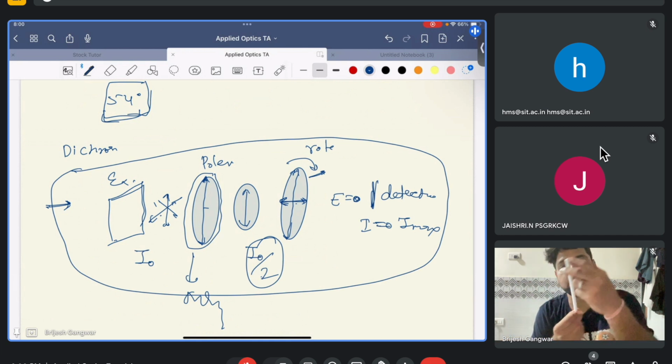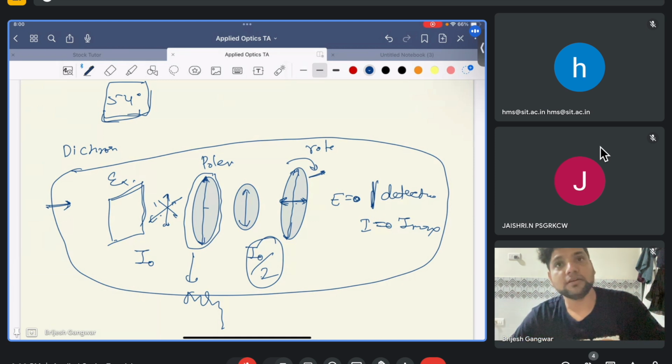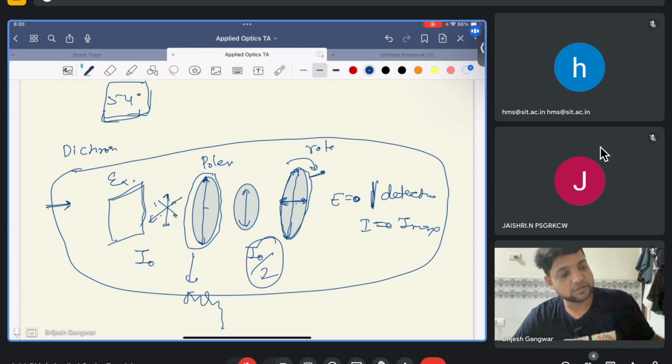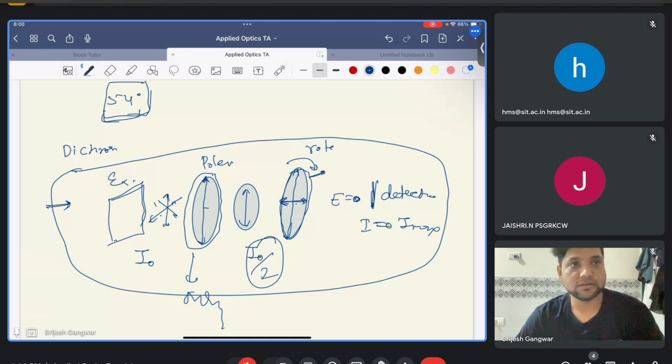So whatever axis matches the polarizer, the light will come through with that one, and the intensity will not change once the polarizer is there. But if we put another polarizer, then the intensity will go from 0 to maximum. In this way we can find that there is linearly polarized light.